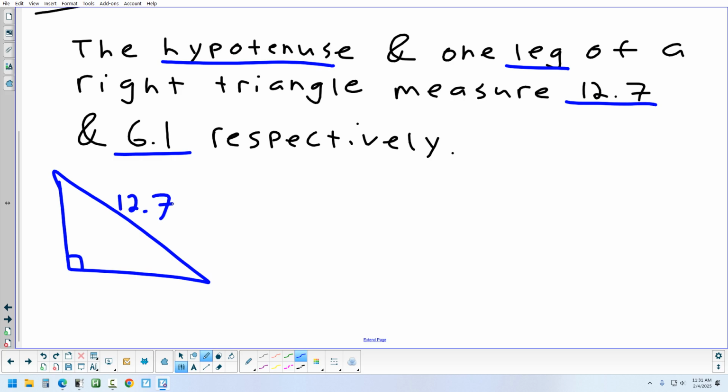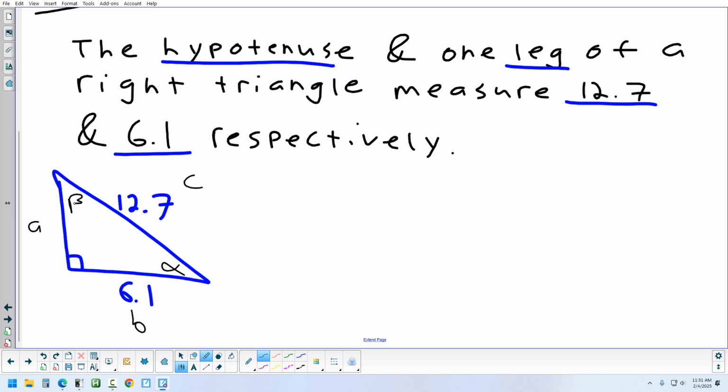But you can put the 6.1 wherever you want. You can put it as the height or the base. But what we should do is put labels, because right now we don't have names for the things we don't know. So I would do A, B, C, alpha, beta.